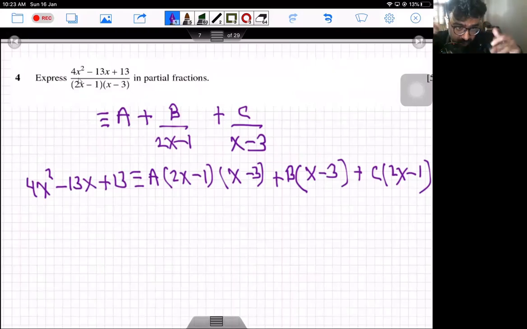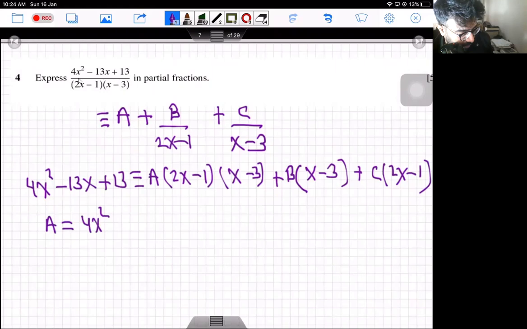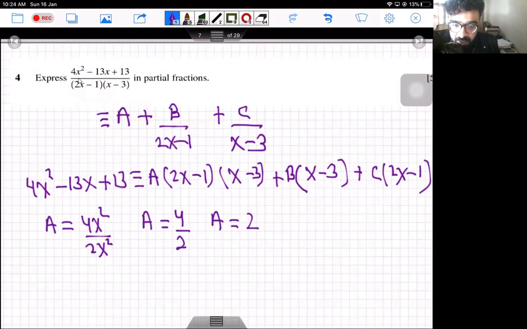If we observe the highest term in the numerator, that is 4x square, and the highest term in the denominator would be 2x multiplied by x, which is 2x square. So the coefficient of the highest term in the numerator is 4, and in the denominator it is 2. Therefore a is equal to 2. You can easily find the value of a in just one step.